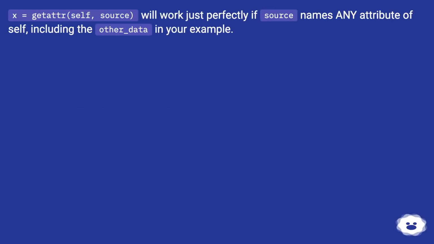x = getattr(self, source) will work just perfectly if source names any attribute of self, including the other underscore data in your example.